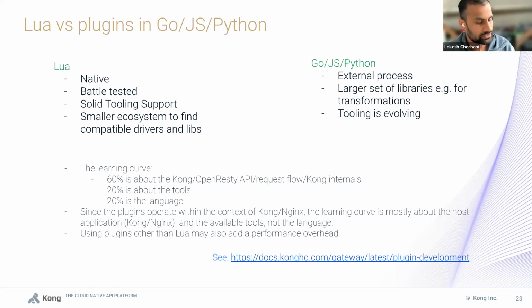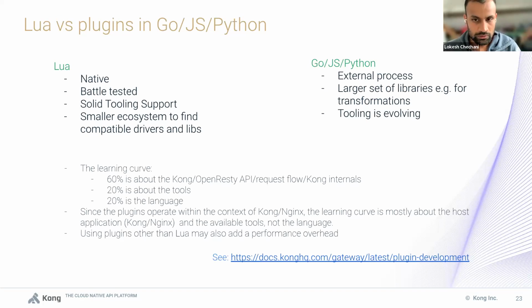There is solid tooling support around it, and Lua has a smaller and very compact ecosystem. Sometimes it's hard to find a compatible driver, but think about it: we built Kong entirely in Lua, so I don't think you will end up in a situation where you have nothing in Lua from Kong's perspective.